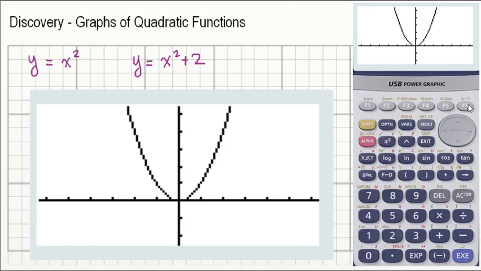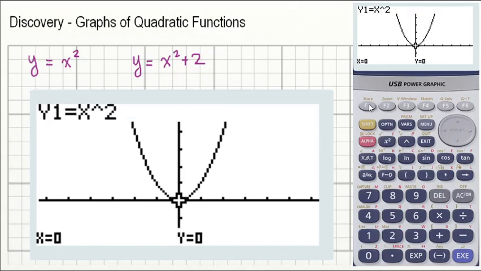Now, let's say that we want to just browse through this function, so trace through it, try to analyze some points, try to realize how x changes as y changes. So we can press here F1, trace, and it's going to bring us a cursor.